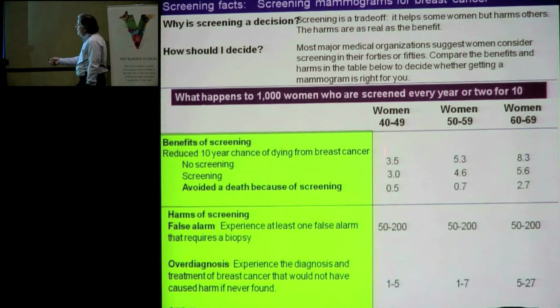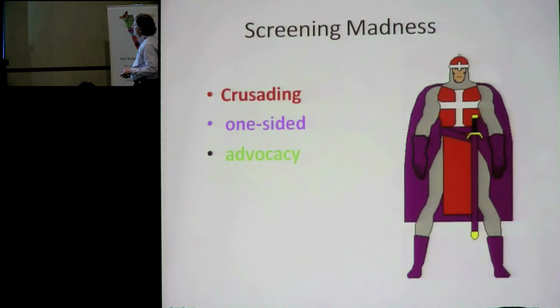But in this area of contention, the benefit and harms for women in their 40s, the trade-off is rarely explained as simply as it is right here. And you should be given this slide on the USB drive that you'll be given later so that you don't have to furiously write all this down right now.